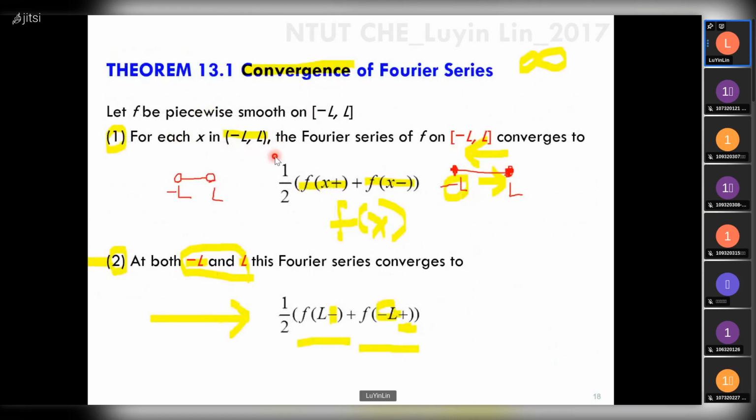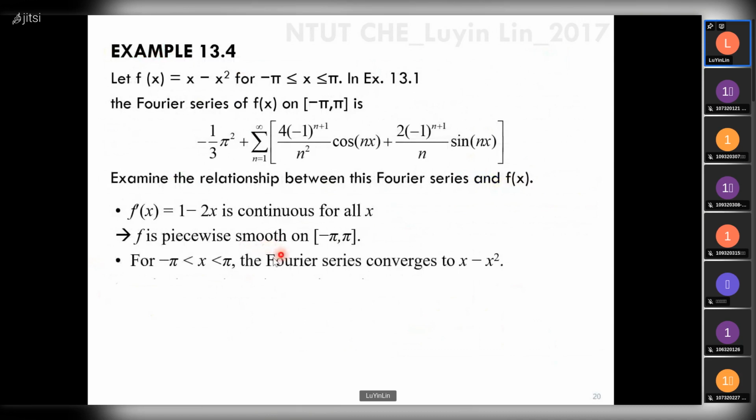Because it is continuous, it converges to f of x. So in this range, the Fourier series converges to f of x. For the continuous function in this range, no equal sign here, the series converges to here.